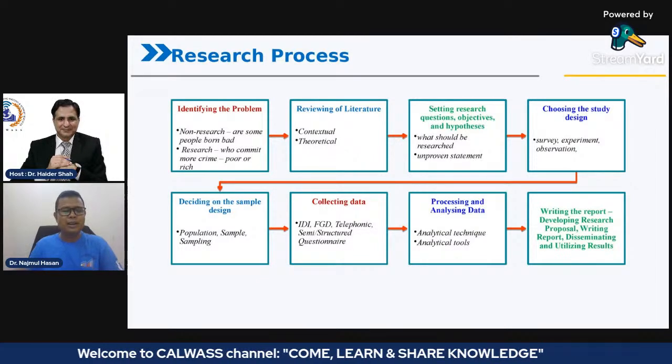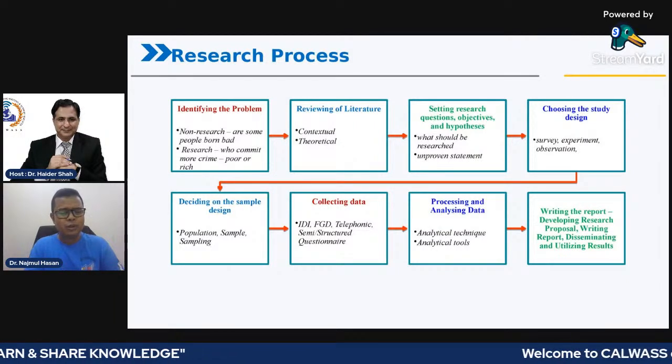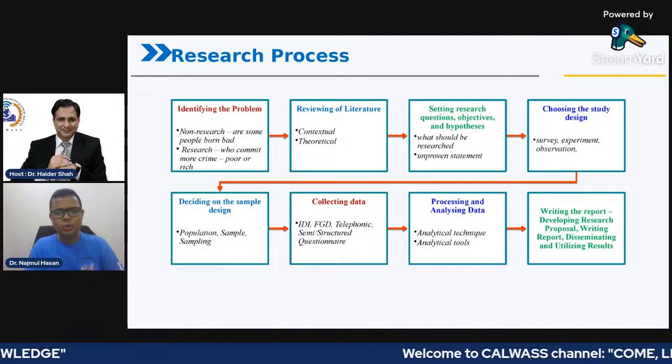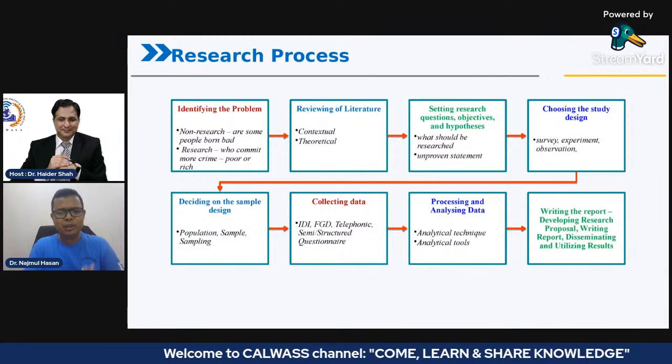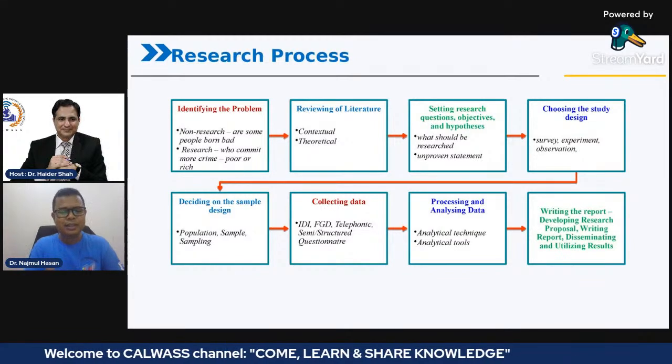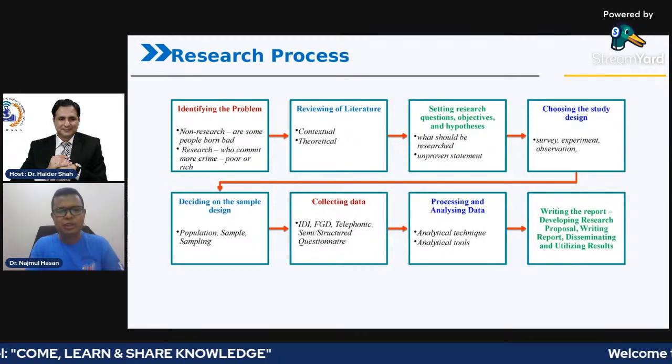First of all, identify a problem, reviewing the literature. So literature could be divided into two parts. One is the contextual. For example, if we are doing research in circular economy or the digital economy or health analytics, you can do a literature review on the digital economy or circular economy or health analytics.